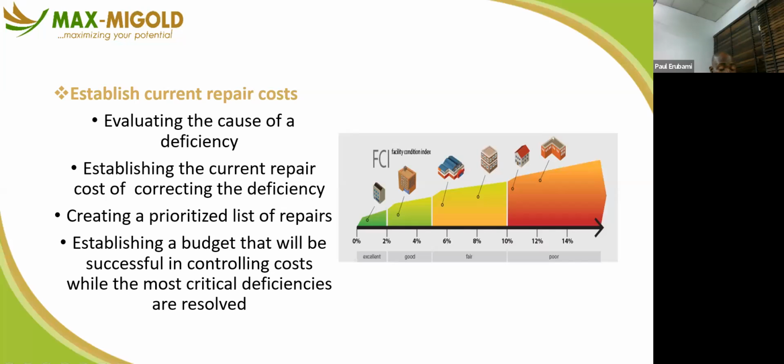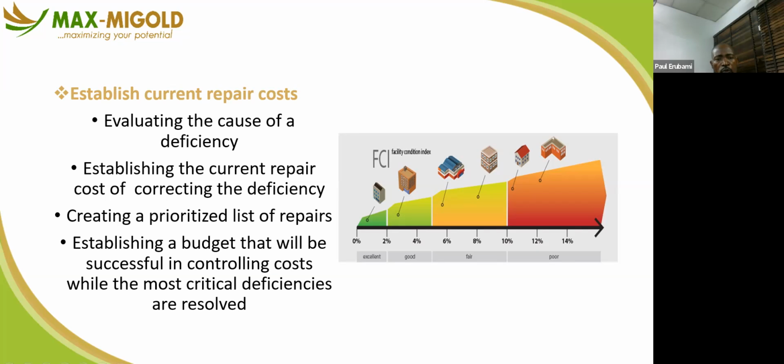Then you start sending out BOQs, that is bill of quantities, or you start demanding quotations from vendors who can carry out repair for those items that you know are repairable, or vendors to supply you with replacements for those that require an outright replacement.